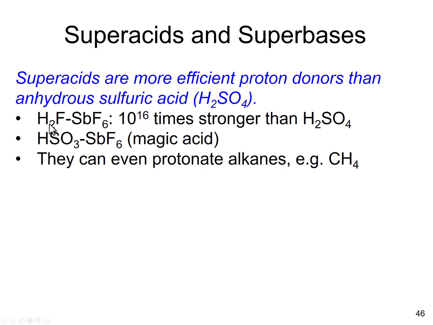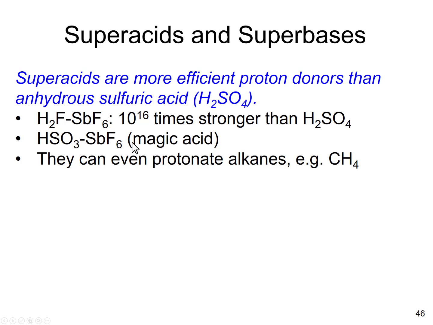We have seen our example already, the combination of H2F with this hexafluorido antimonate. And this particular species is 10 to the power of 16 times a stronger acid than sulfuric acid, which is already among the mineral acids one of the strongest ones.